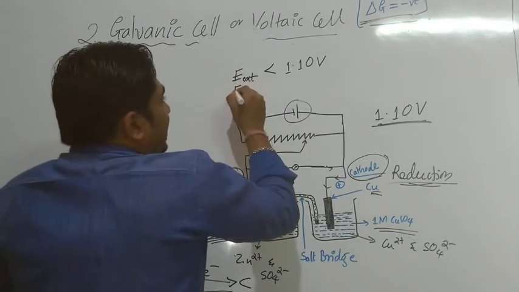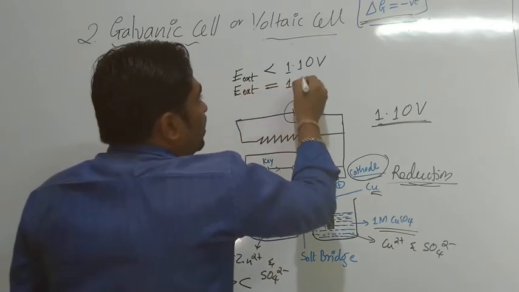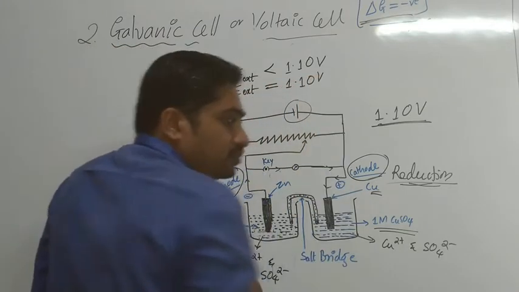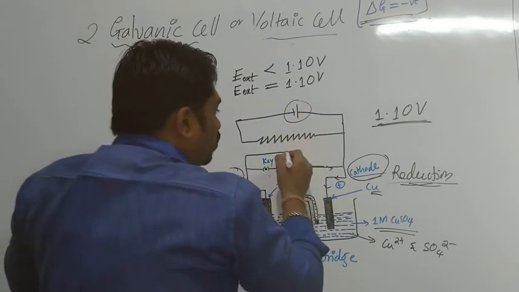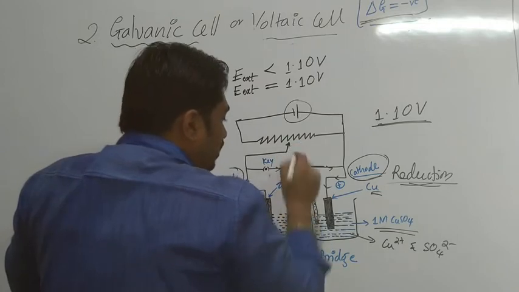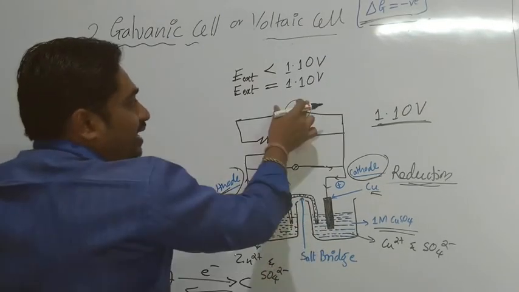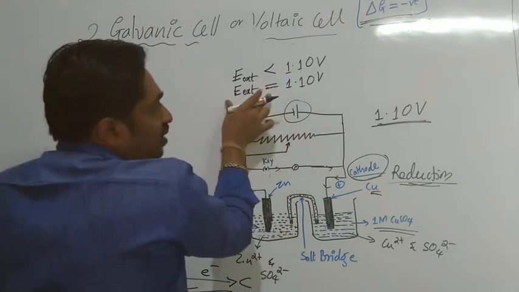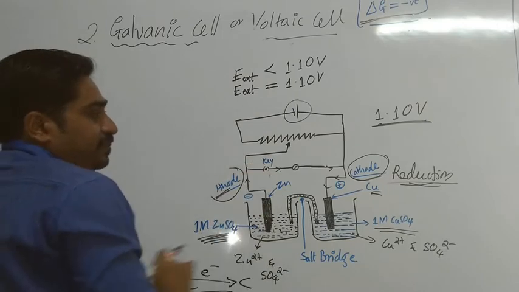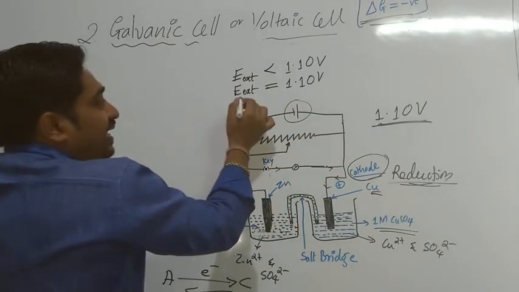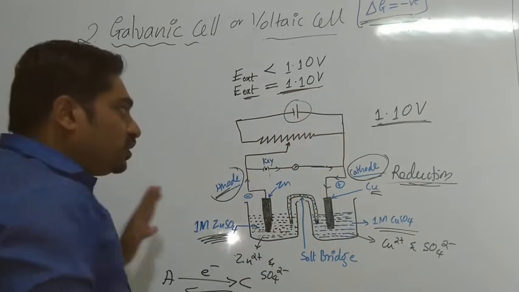If the added external potential becomes equal to 1.10 volt, exactly the same as the potential given by this chemical reaction, I am adding the exact amount of potential to this circuit. What happens then?